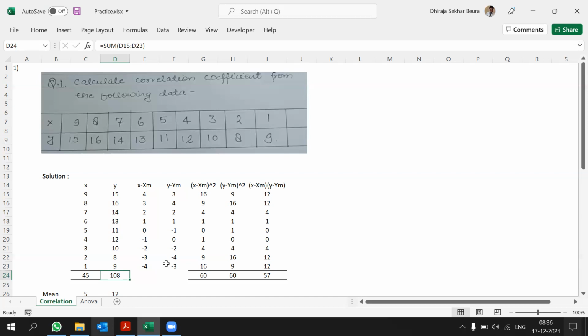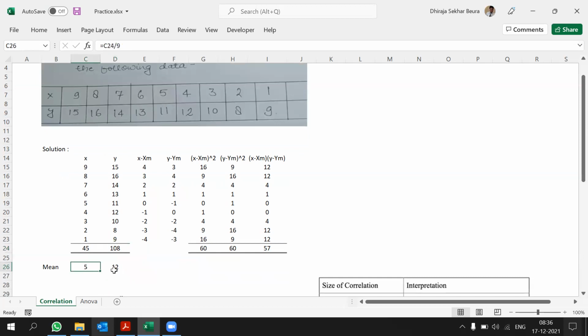Okay. Now that we know that it is the average of the data, we have simply calculated the average as 5 and 12. Suppose we are calculating how different each number is from the mean. How much difference is there between each number and the mean? How do we calculate?